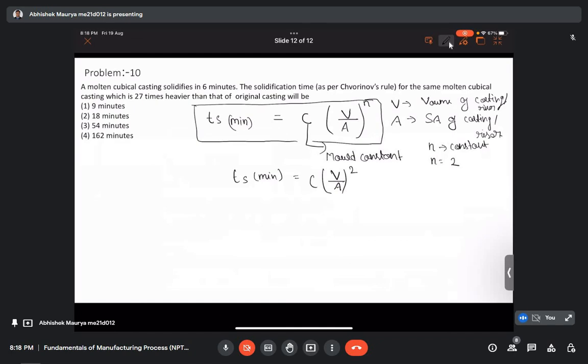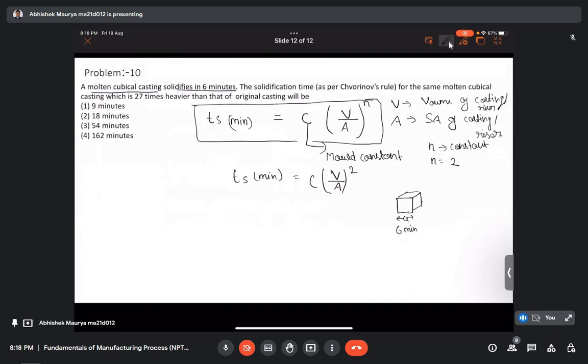So this is the formula, and what is being asked in the question: suppose we have a molten cubical casting solidified in 6 minutes. Suppose we have a cubical shape casting, let's say its dimension is a, and it takes 6 minutes to solidify this whole casting.